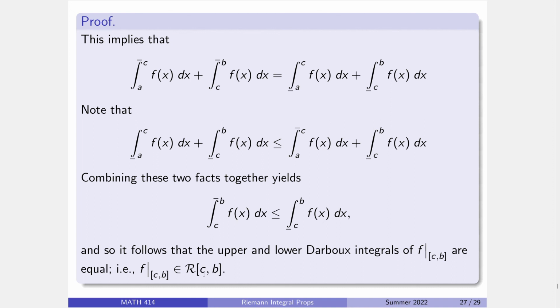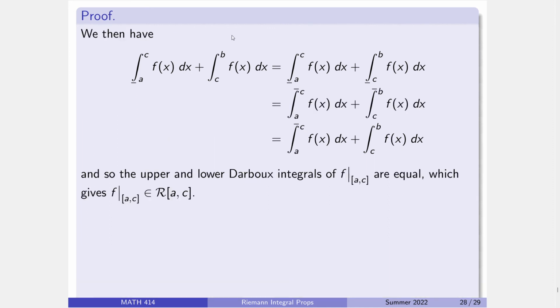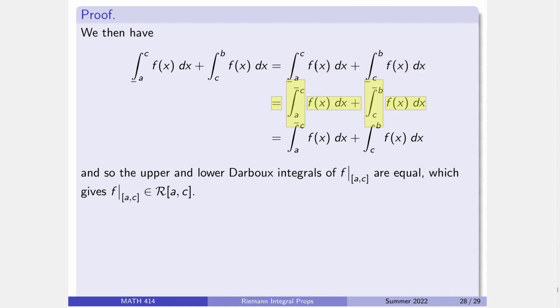All right, it's there. Okay, so now we've proven that if you're Riemann integrable, then you're Riemann integrable on the right half of the interval if you cut it at the point C. And now to see the left-hand part, well, let's note that we now know this integral is equal to its lower one, and thus it's equal to its upper one. And note we are invoking what we already proved, which is that the sum of the uppers and the lowers go the way you want them to.